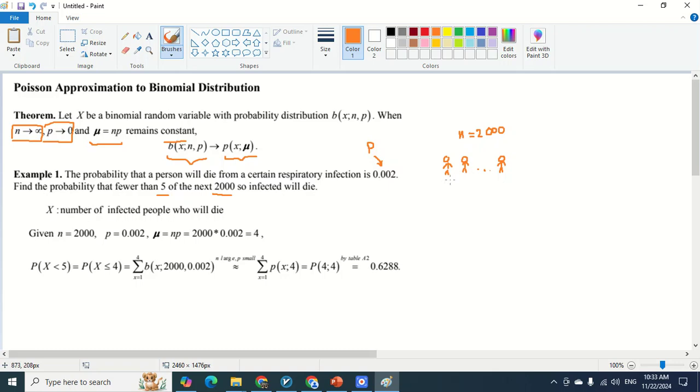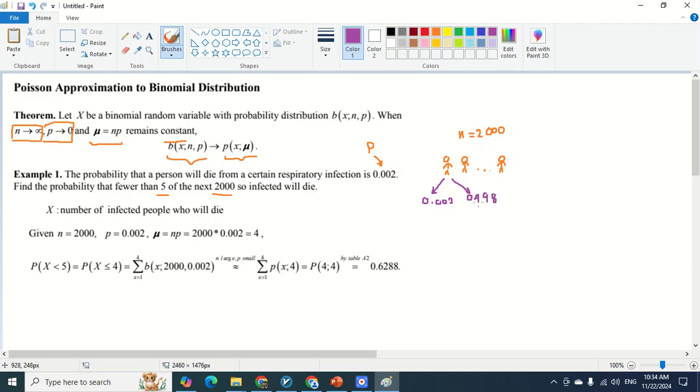They are independent from each other. I mean, all conditions of the binomial distribution hold true for this case. So from the infection, each of them has the probability of 0.002 to pass away or die, and the probability of not dying is 0.998. So this value is constant for all cases.